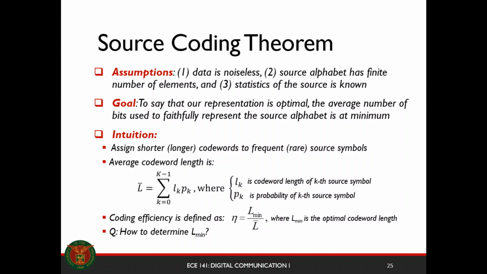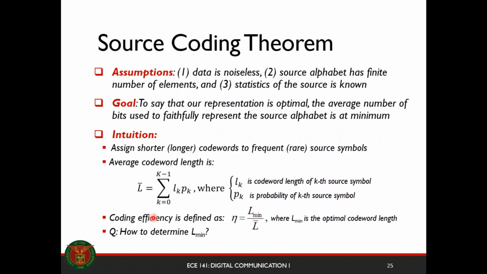This is the expected number of bits per symbol that you will use to represent the data. So now we define the coding efficiency, eta, as the minimum number of bits, the most optimal code word length, divided by the one that you used.